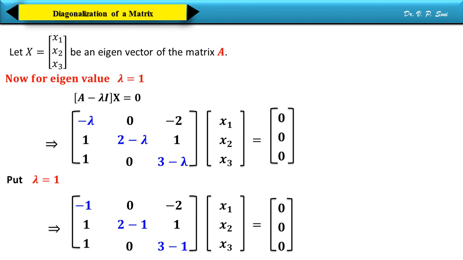Now put lambda equal to 1, then we get matrix whose first row minus 1, 0, minus 2; second row 1, 2 minus 1, 1; third row 1, 0, 3 minus 1 into column matrix x1, x2, x3 equal to column matrix 0, 0, 0.